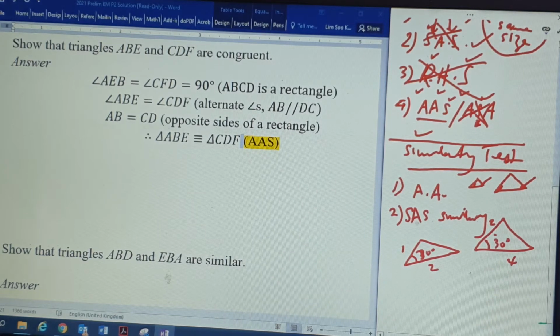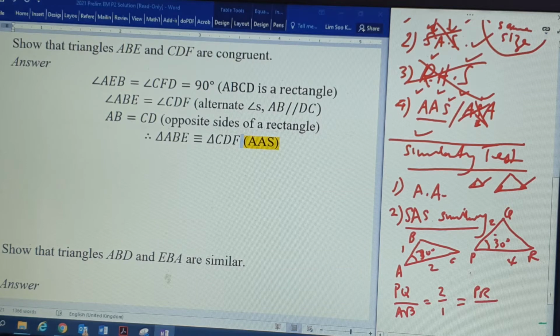Now how do you show that they are similar using SAS similarity? Very simple. Let's say this is A, B, C, this is P, Q, R. The S means the corresponding sides are in the same ratio. That means you use PQ, this new one over the old one, is 2 over 1. But this new one over the old one is also 2 over 1.